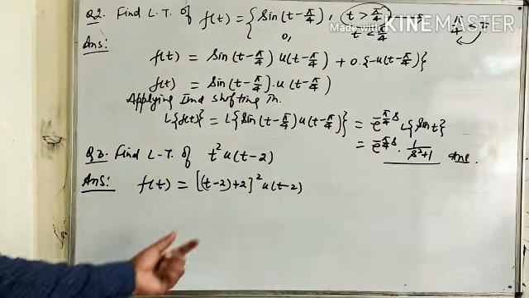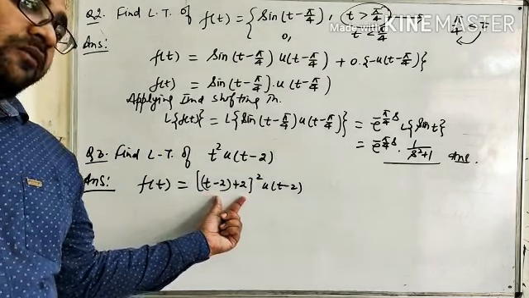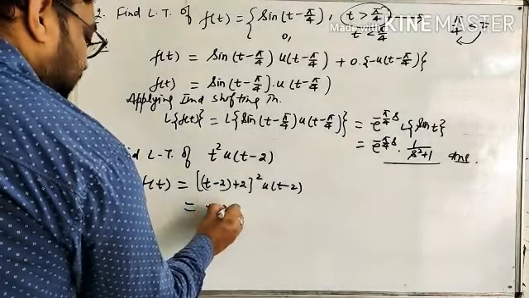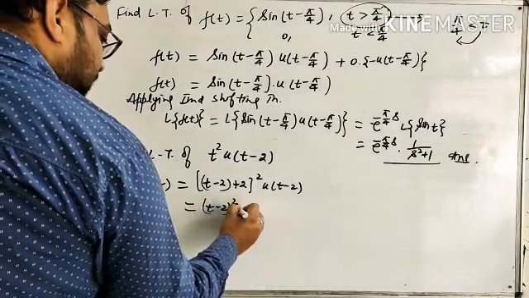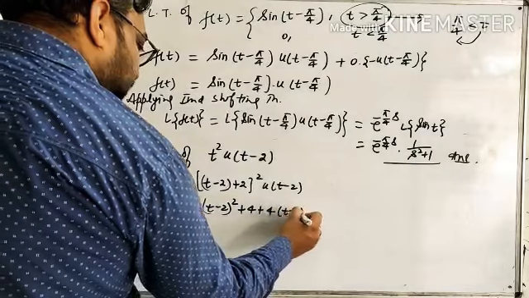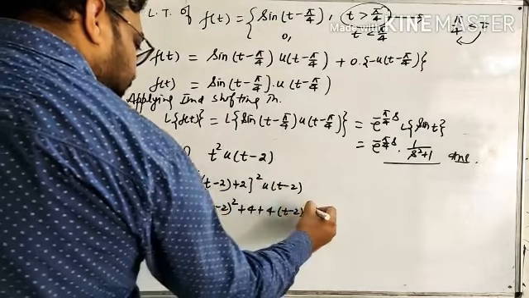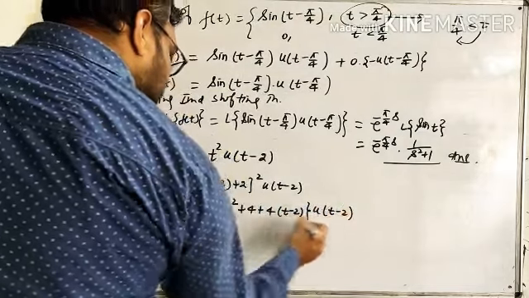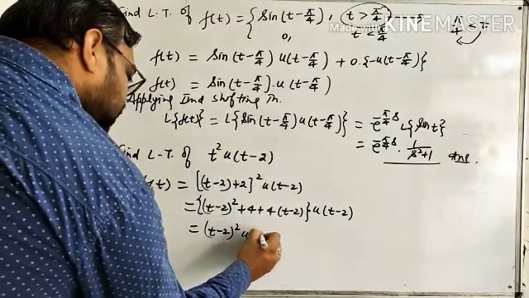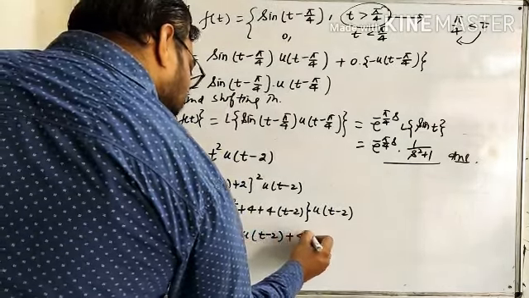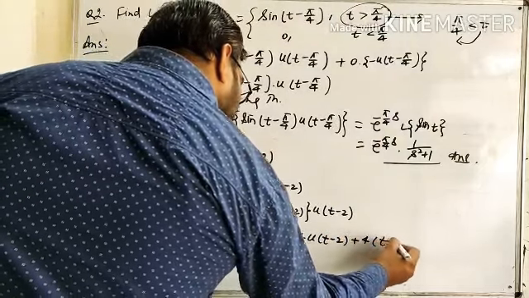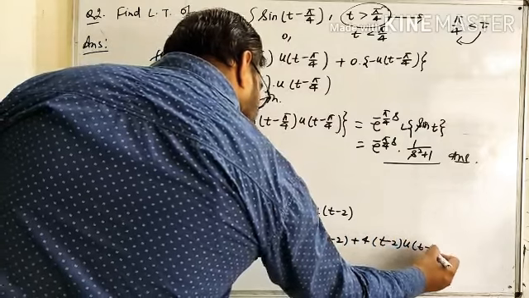Now we can open the formula of (a plus b) whole square: a square plus b square plus 2ab. So we get (t minus 2) square u(t minus 2) plus 4 times u(t minus 2) plus 4 times (t minus 2) u(t minus 2).